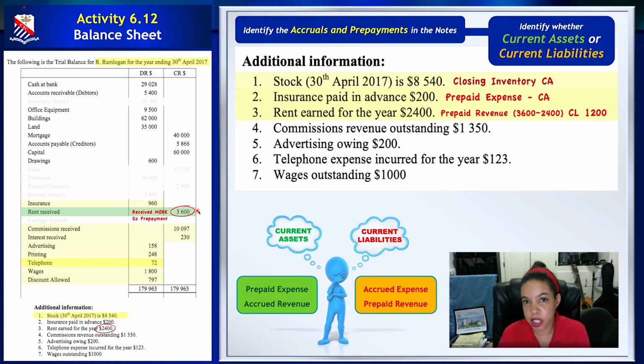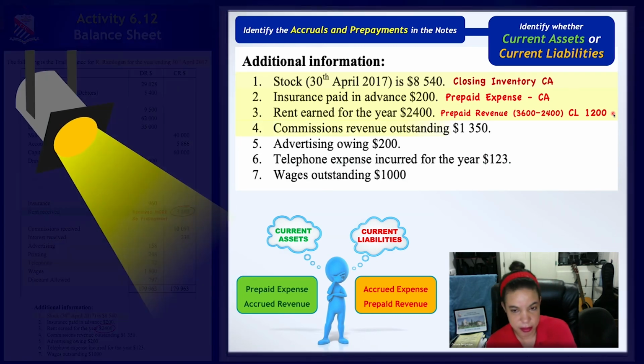And how much have we not earned, or how much is unearned or prepaid? It will be the amount that we received from the trial balance, which is the 3,600, less the amount earned of 2,400. So you see here, and that will give us the 1,200 that we see. So that is how much will go prepaid revenue of 1,200 under current liabilities.